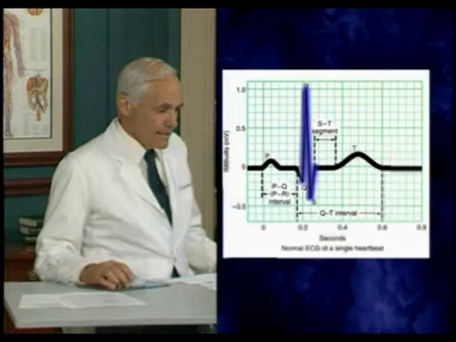Now, before exercise, it would look like this. In this case, of course, we've done it after the exercise when the patient's resting. But this is your resting thallium stress test showing good flow everywhere in the heart.